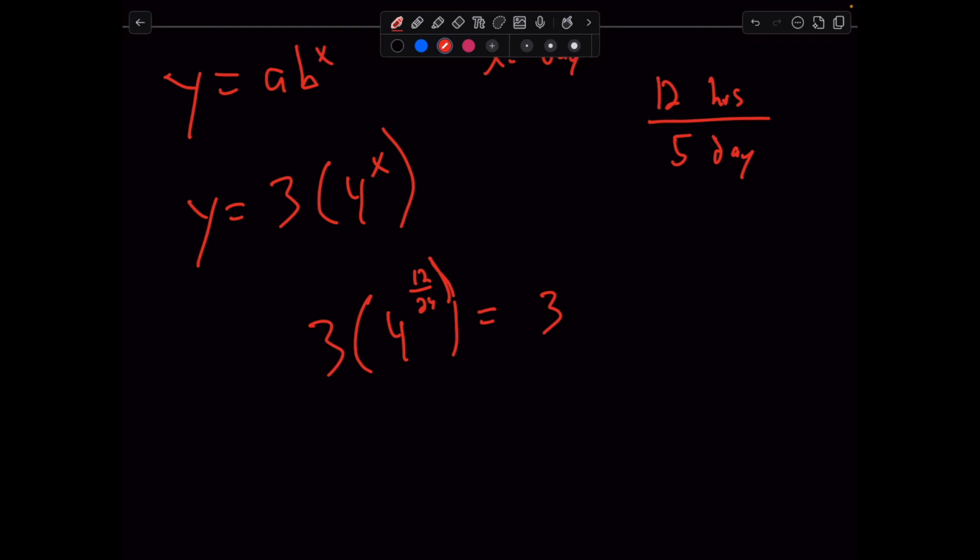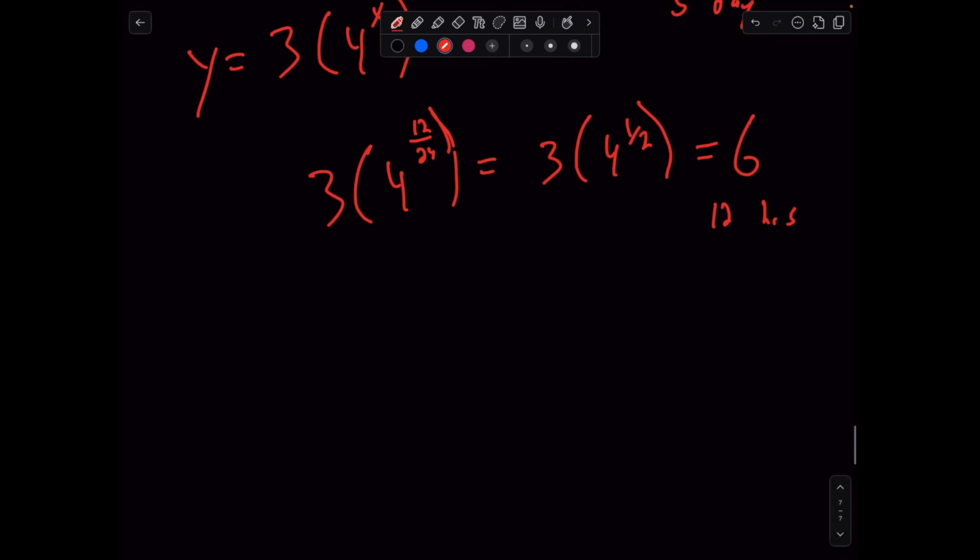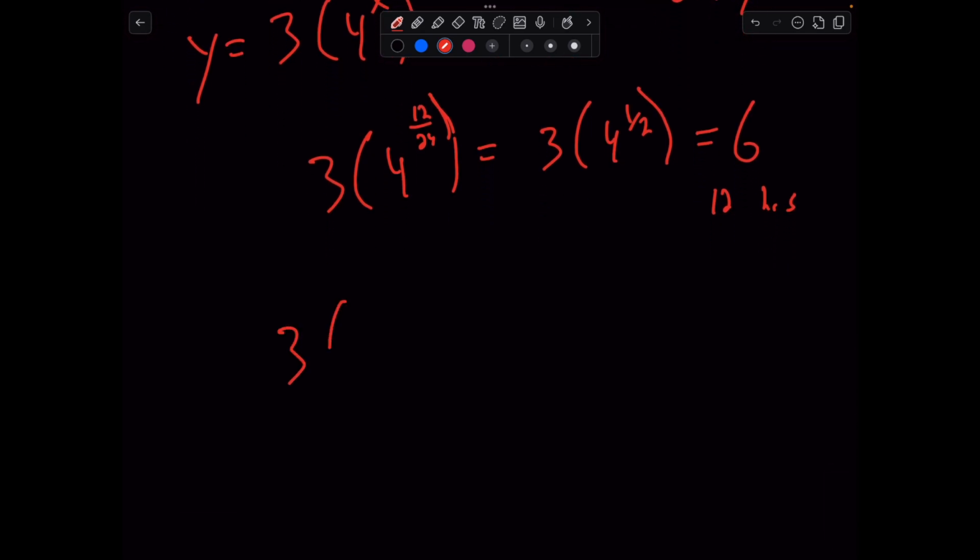So it gives you 3 parentheses 4 to the 1/2, which is going to give you 6. Because 4 to the 1/2 is the square root of 4, which is 2, times 3 is 6. So after 12 hours, there's 6 bacteria. Now they want 5 days. So same idea. 3 parentheses 4 to the 5th. That's going to give you 3,072.